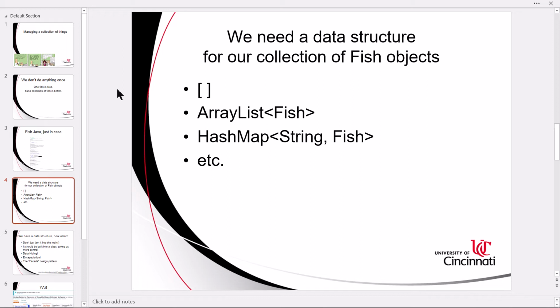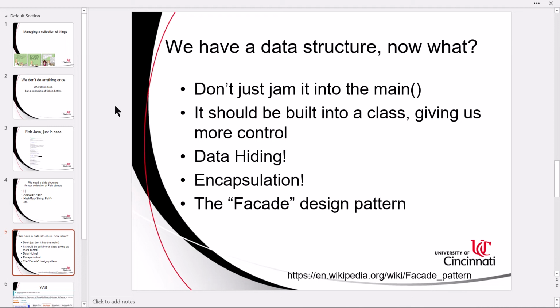There's another structure called the hash map, which we'll get to later, that might be interesting for this application. But I've decided we're going to use an array list because we understand it and it works for our purposes. So we'll go back and create that data structure.